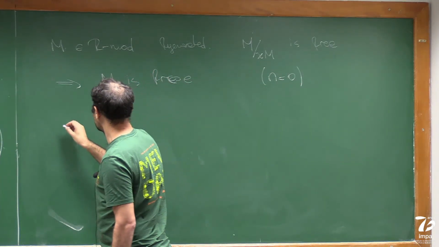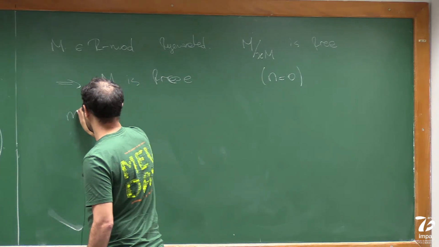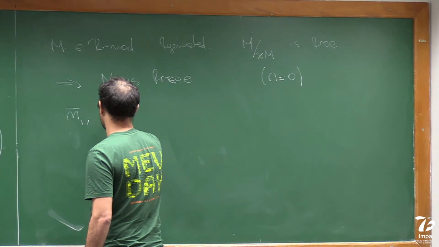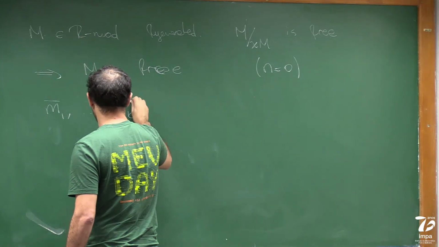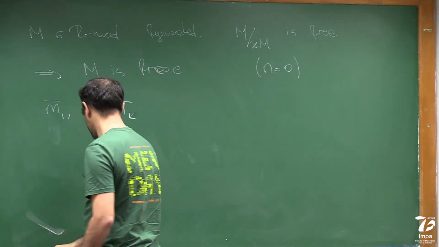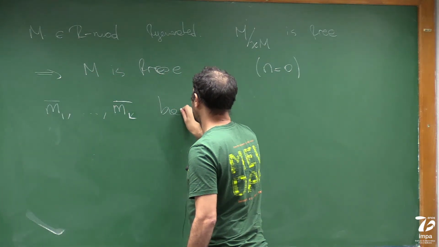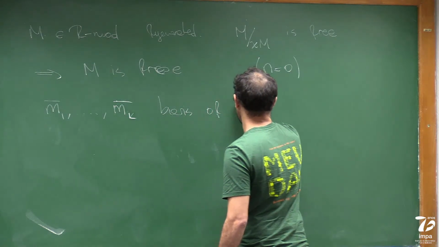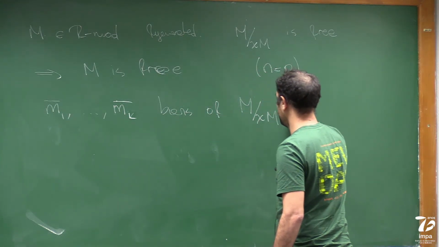So let's take a basis, m1 bar up to mk bar. This is a basis of M/xM.